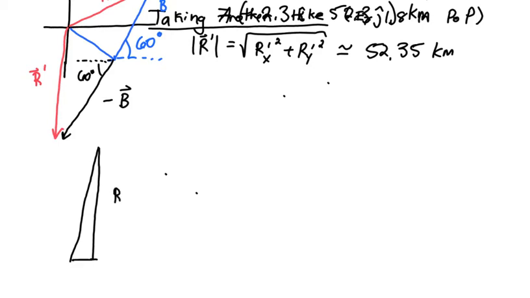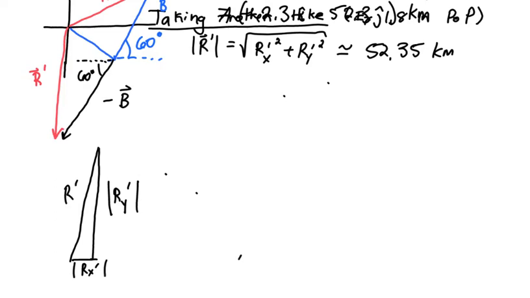So this is our y prime, our x prime, and r prime. I need to be a little bit careful here. This is now a vector. These lengths are real positive lengths, whereas the components are negative because this is in the negative y direction and this is in the negative x direction. So when I write this triangle, what I really mean are the magnitudes of each of these components.